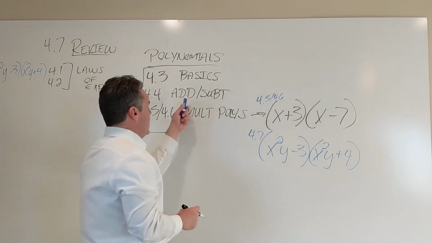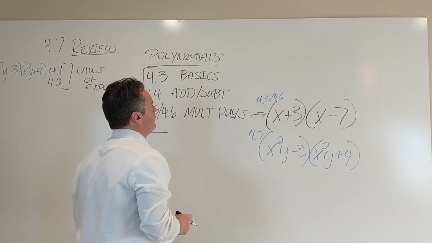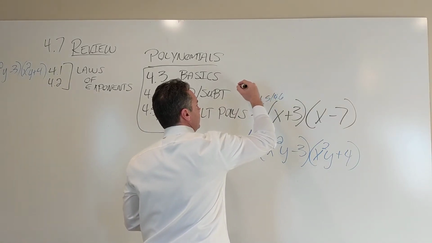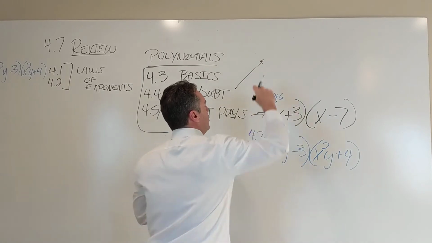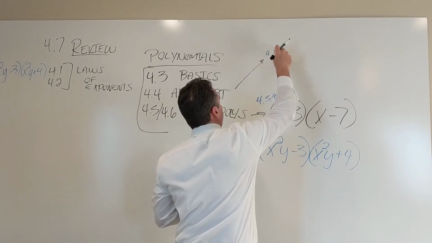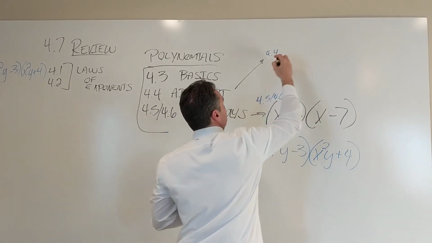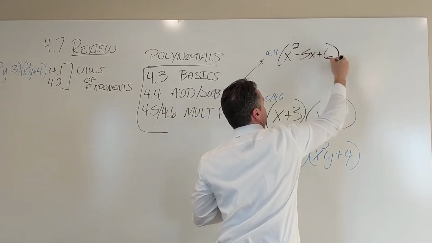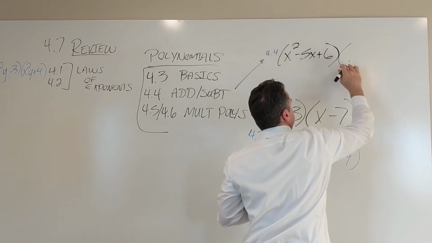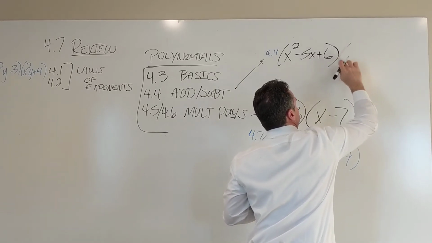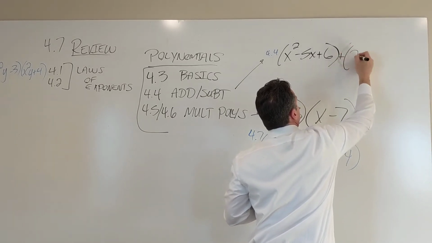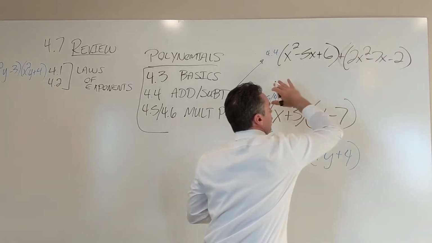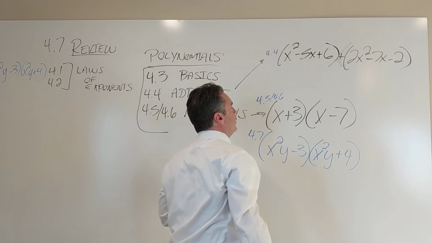Yeah, exactly. Add, subtract. Same kind of concept here on stuff like this. If in section 4.4 we had x squared minus 5x plus 6 plus 2x squared minus 7x minus 2, we're adding those two polynomials.